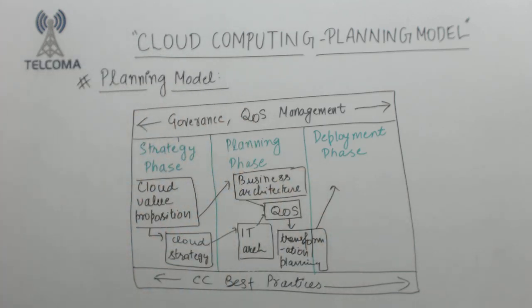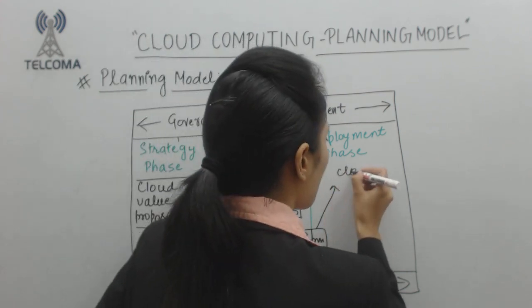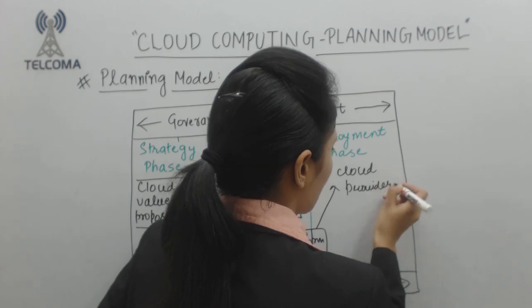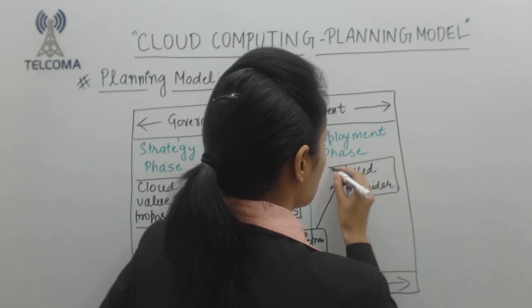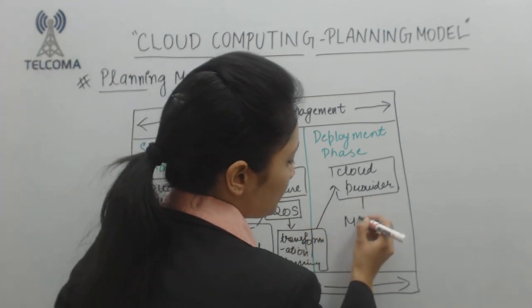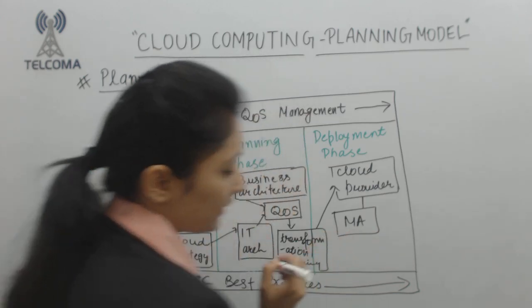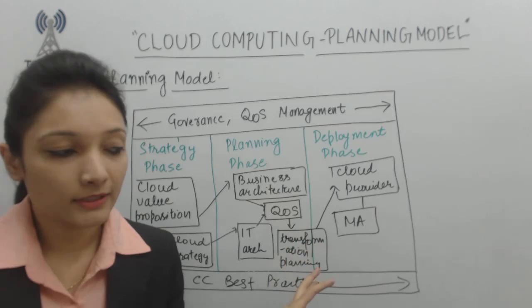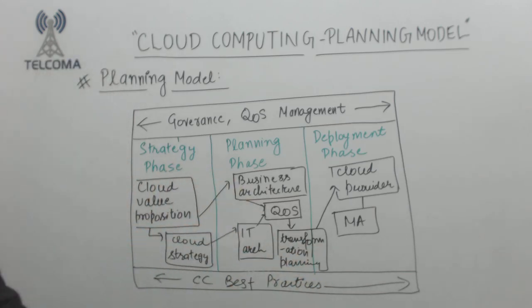The deployment phase basically includes the cloud provider and the maintenance administration. So these are the planning phases, or the model for your cloud computing business plan to deploy cloud computing applications. The three main phases are the strategy phase, planning phase, and deployment phase.